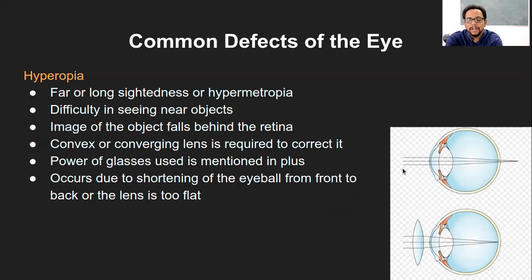Also, one more thing which I mentioned earlier: there will be some people who have both of these defects. They have myopic eyes as well as hyperopia. In those cases, it mostly happens with old people. You would see that they have two different kinds of glasses.